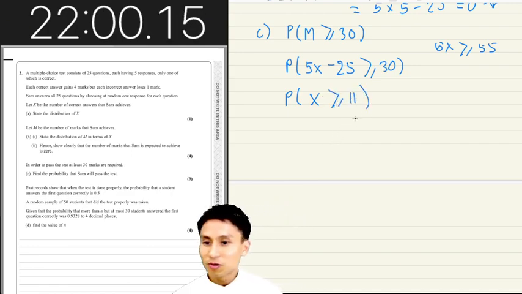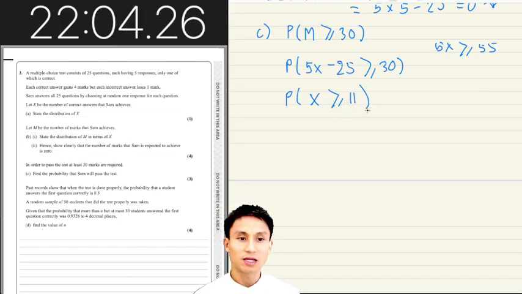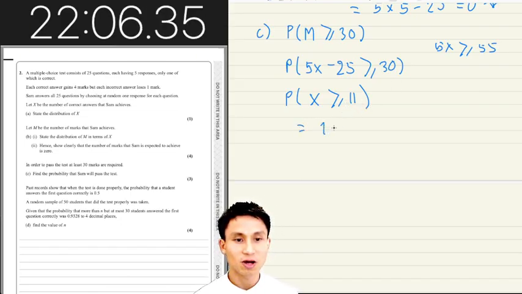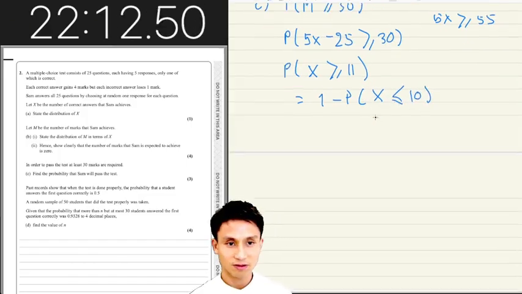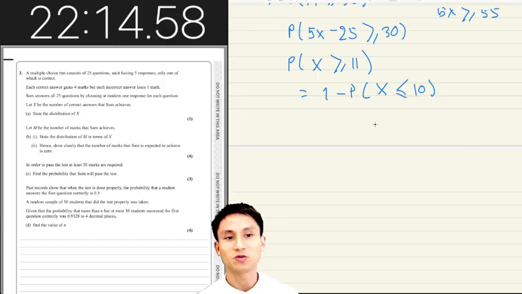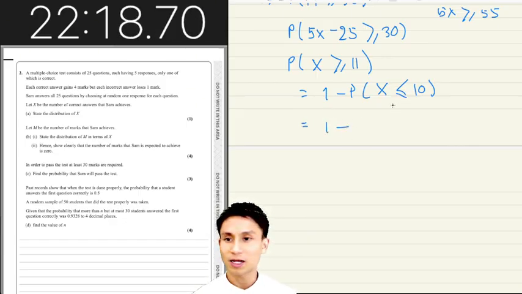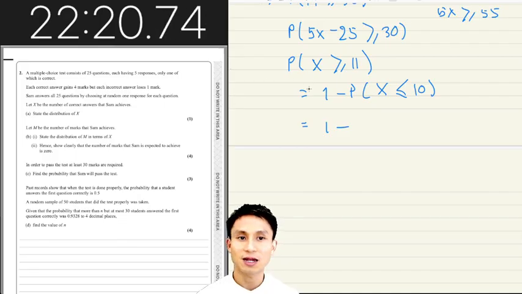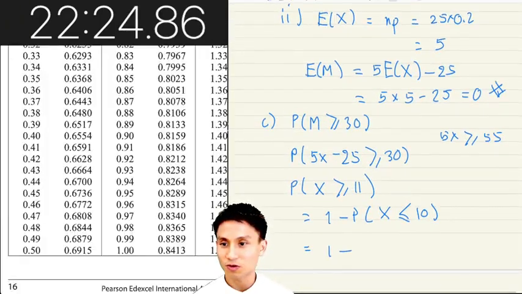We just find the probability of that binomial of x being greater or equal 11. And that is simply 1 minus the probability of x less than or equal 10, right? Because it's discrete, you're going to have to differ by 1 when you do the opposite sign. So that is just by the table. X less than or equal 10, n is 25, p is 0.2.